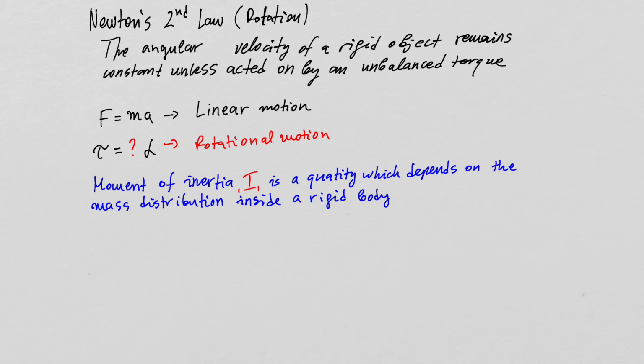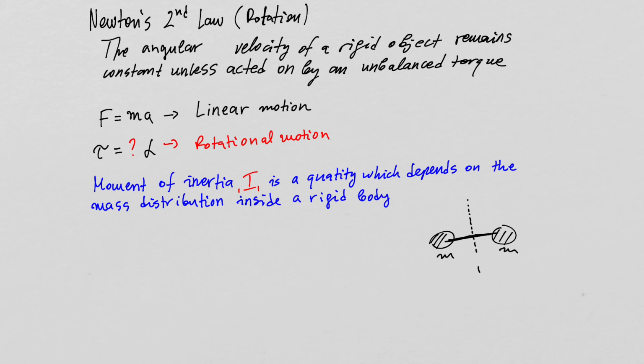So for example, if you consider a dumbbell which consists of two masses connected with a thin rod, let's say if I have my axis of rotation passing straight through the center of this assembly, then the mass distribution is dictated by where the two masses are with respect to the axis of rotation.